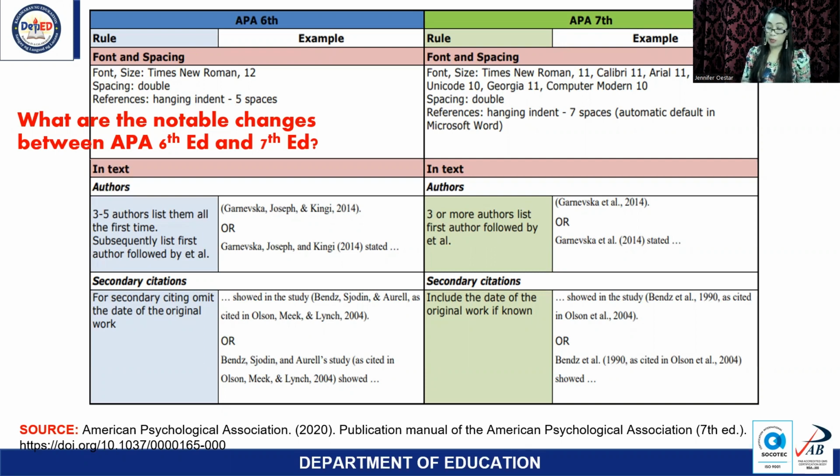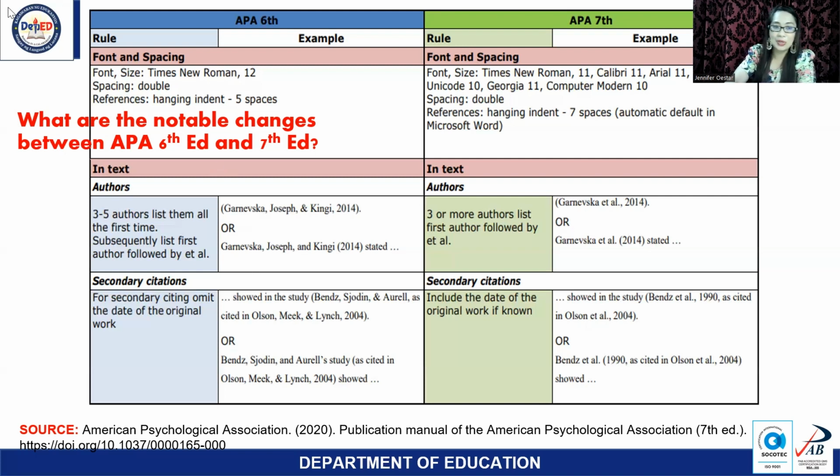In the citation, of course, and on the use of, in the 7th edition, gender fair language is being considered as part of the improvements or addition. So now, when it comes to referencing, here are some of the notable changes, as also reflected in the Publication Manual of the American Psychological Association, 7th edition.